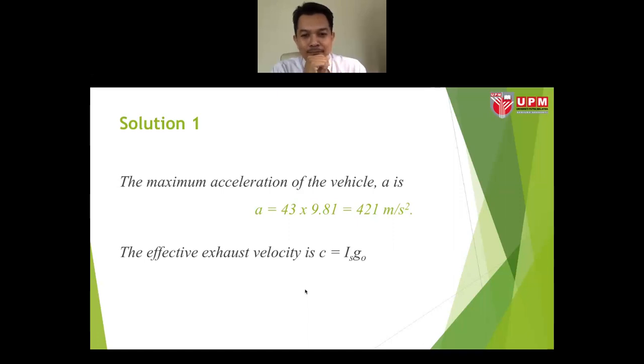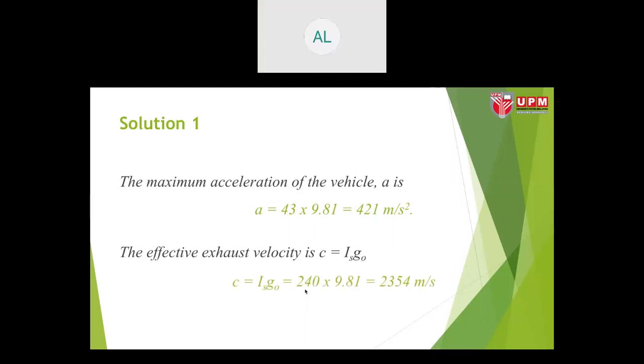The g naught is 9.81, is it? Yes. So the answer is 2354 meter per second.